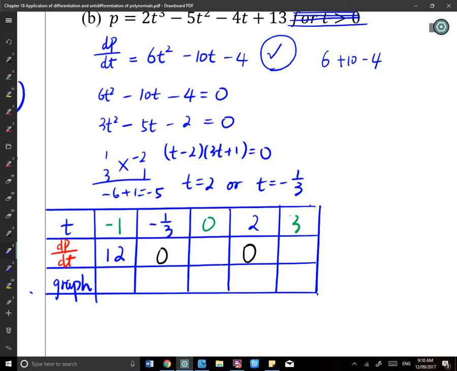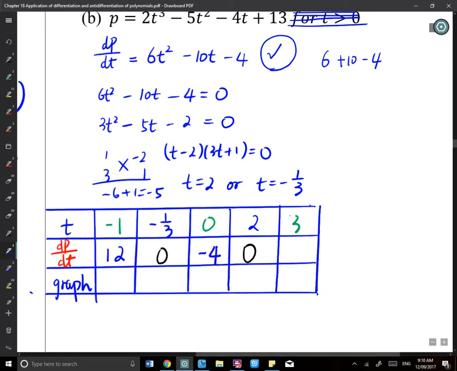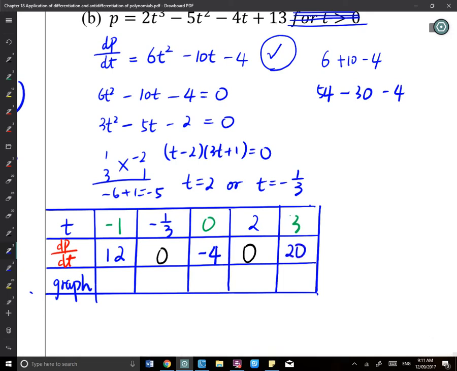And 0 is easy, I have a derivative of negative 4. And for 3, 54 minus 30 minus 4. That's 20 then. Correct?